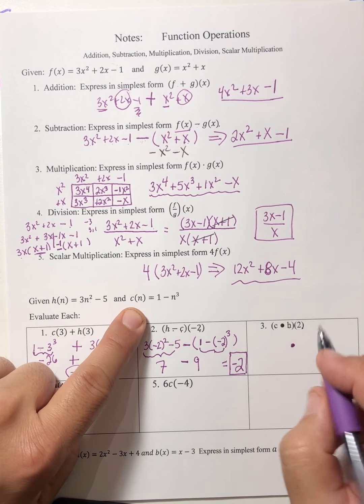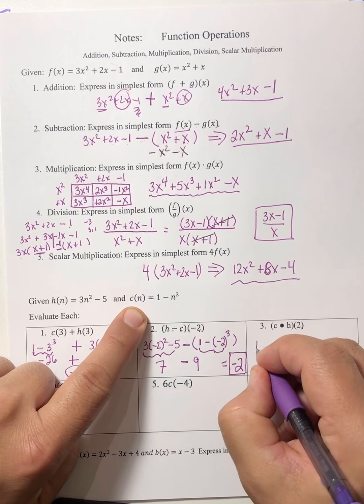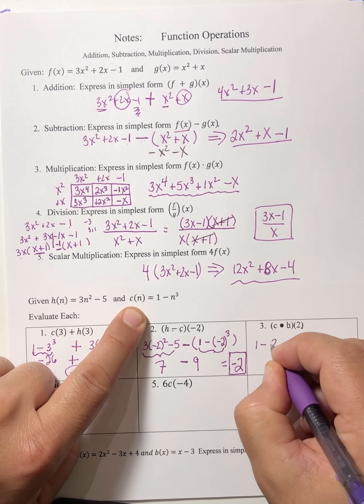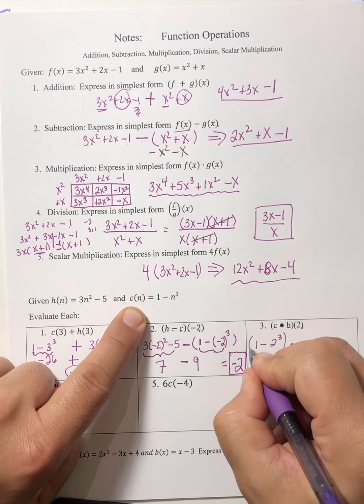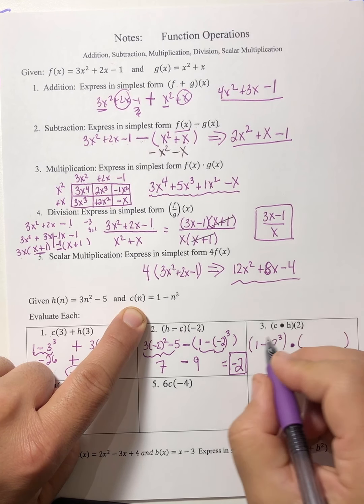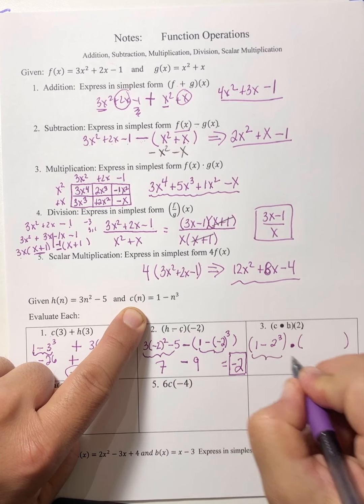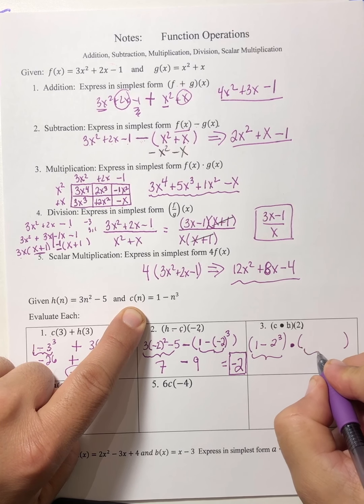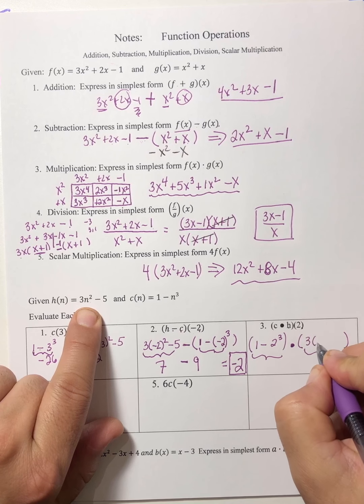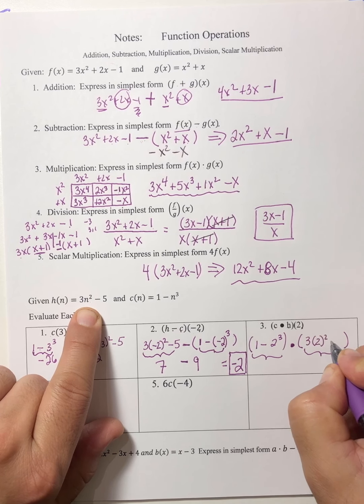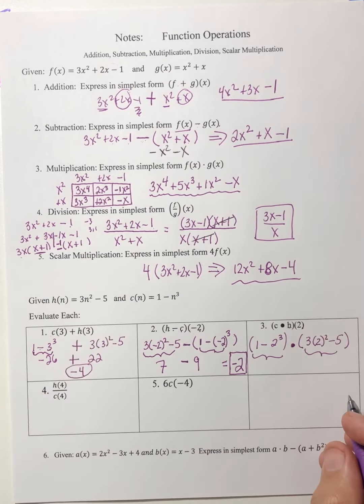So there's my c. That'll go first. 1 minus 2 to the power of 3. So we're doing this side first, and then we're going to do this side. And then here I have 3 times 2 squared minus 5.